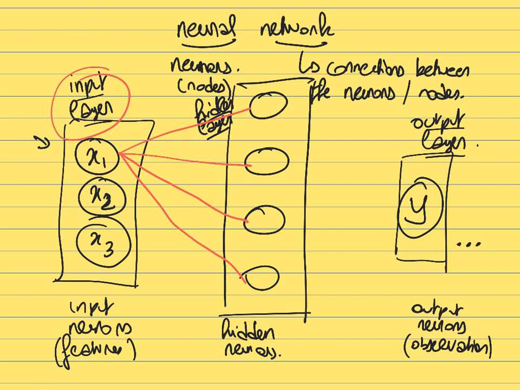So the input neurons are not directly connected to the output. They are connected to the hidden neurons within the hidden layer, and each of the neurons in the input is connected to all of the neurons in the hidden layer. We're going to see in a few seconds what those connections mean.